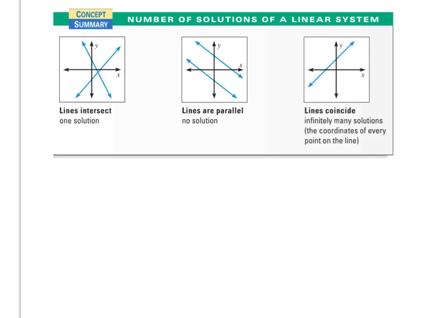Now we can also tell algebraically using substitution, elimination, or something else. A system that has one solution, you might get an answer like x equals 7 or y equals 2, and then your solution will be the ordered pair. A system with no solution, you might get something like 2 equals 7, which is never true.